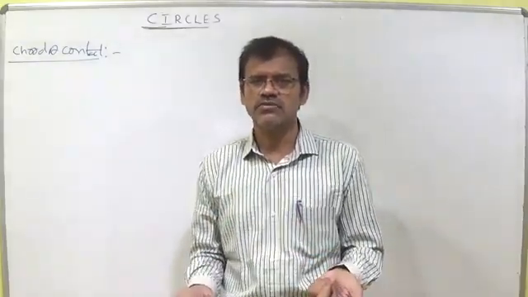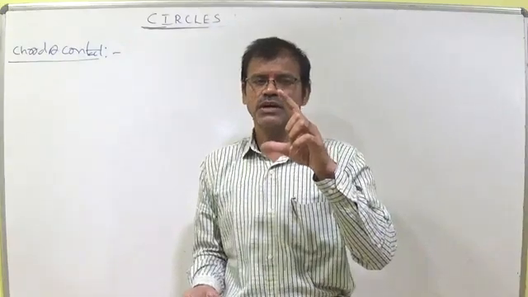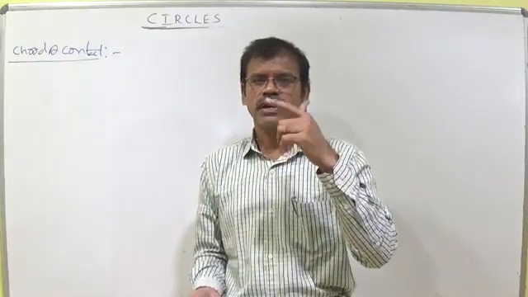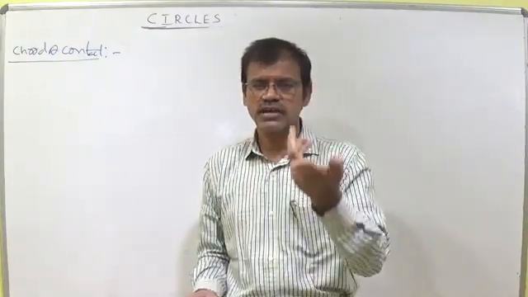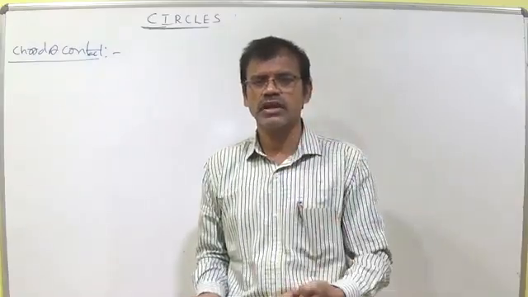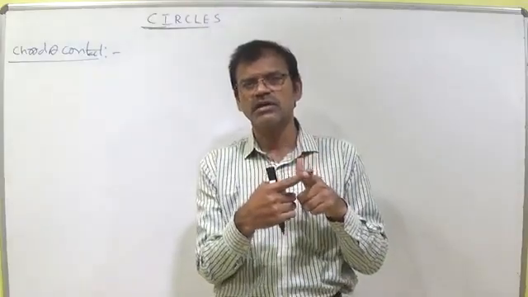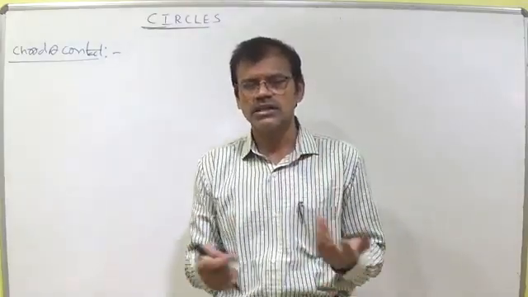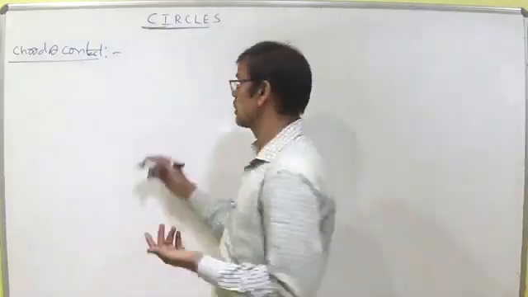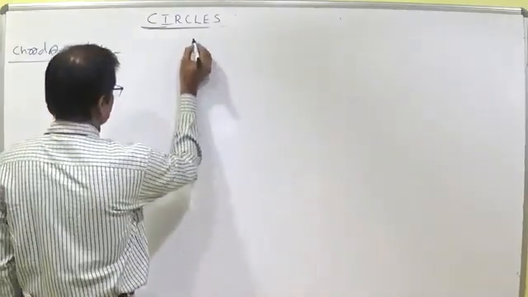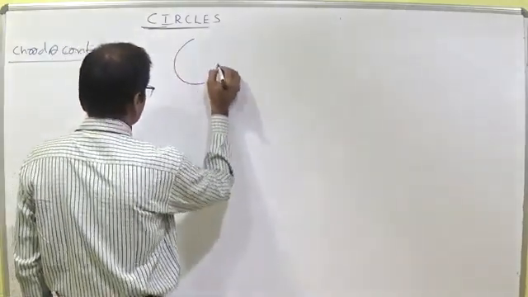So what is chord of contact? If two tangents are there for a circle, a point of contact forms for one tangent and another point of contact forms for the other tangent. If we join the two points of contact, it becomes a chord. It is nothing but the chord of contact. So first of all, we can draw the diagram, later we will write the definition.